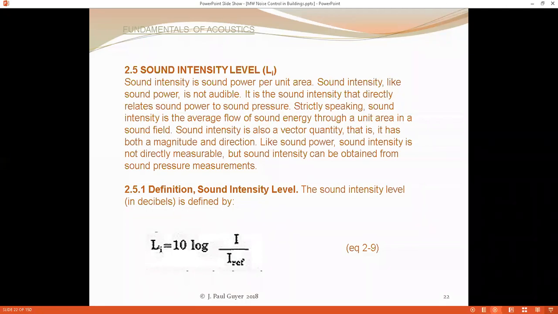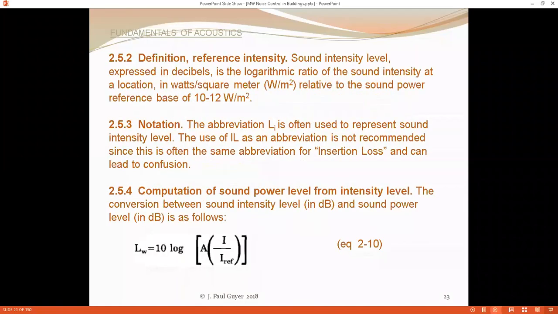And the equation that you would be using is equation 2.9. The sound intensity level is 10 times the log of the sound intensity being perceived to the reference intensity, and that reference intensity is 10 to the minus 12 watts per square meter, because that is the sound intensity that is just barely perceivable by the young, healthy human ear.